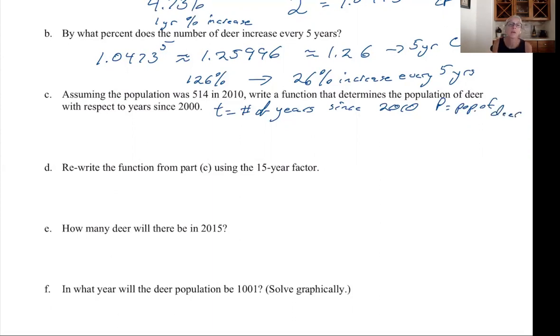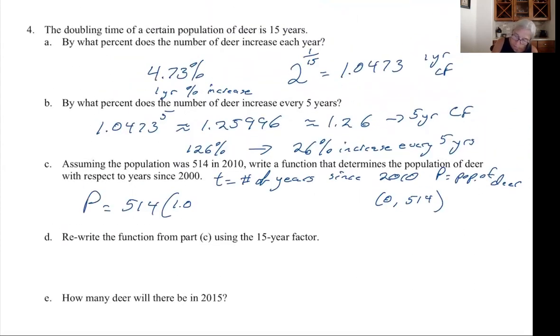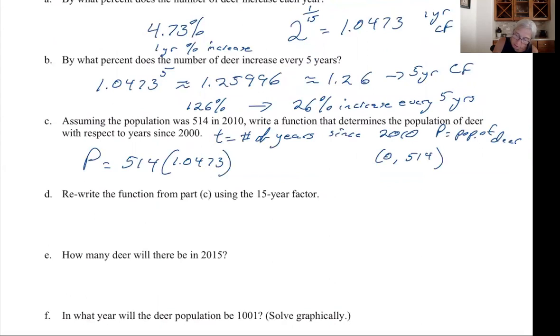And I know I have the reference point that in 2010, which is 0 years since 2010, I had 514 deer. So that means that my population, I start at 514 and I multiply by my 1 unit change factor, 1.0473 T times.